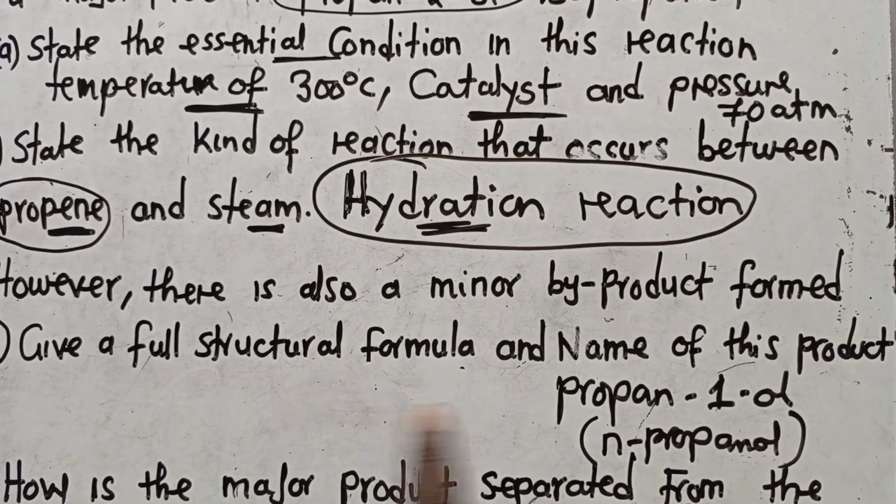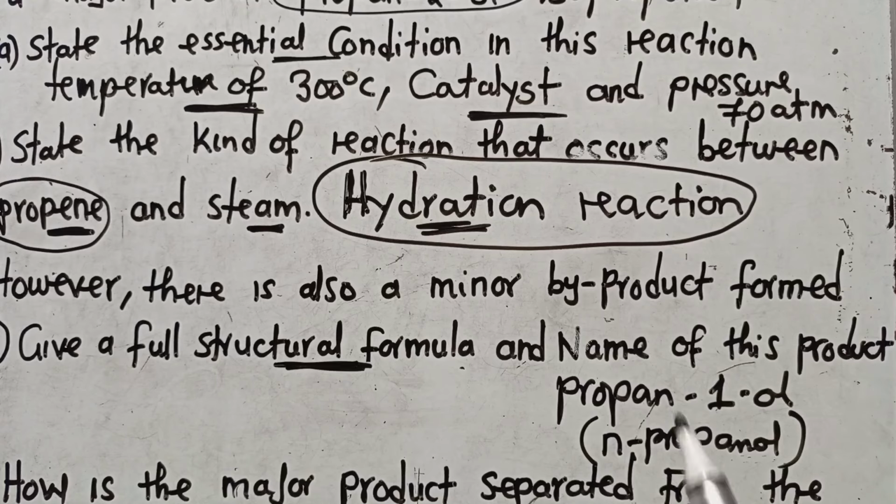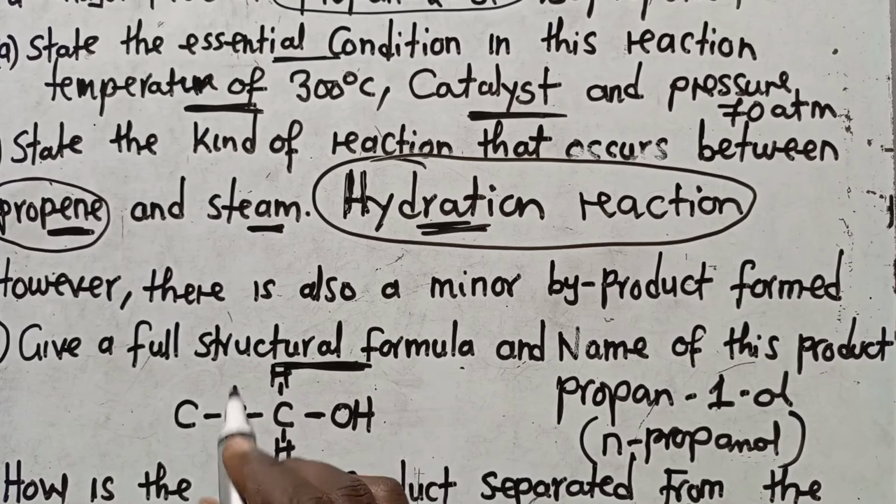Let us now write the structural formula. Since it is a normal propanol, we know it has three carbon chains like this. This is propanol, meaning that this is an alcohol, so it has a hydroxyl group like this. Then we surround every carbon with hydrogen like this.